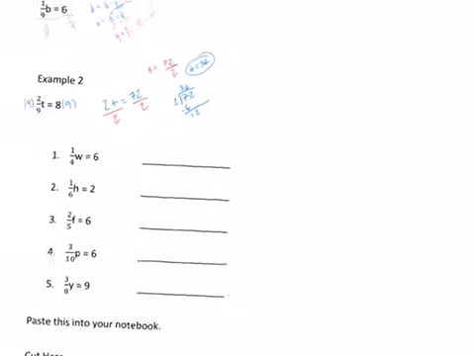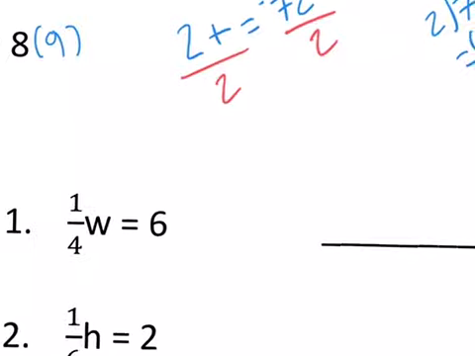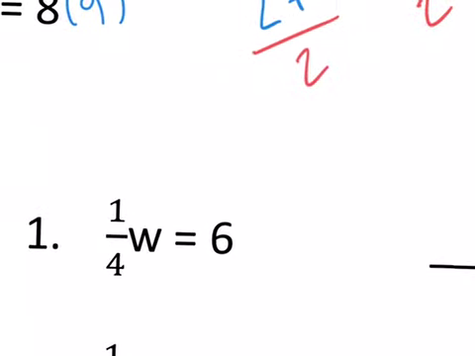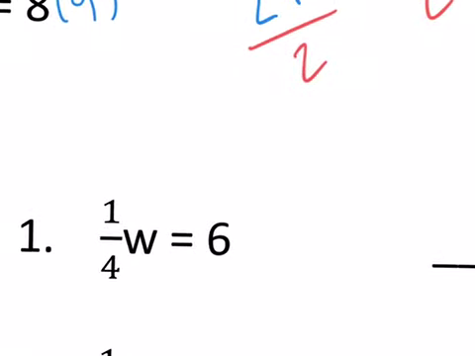All right, so let's take a look at number 1. I'm going to do it a couple different ways. So I'm going to multiply both sides by the denominator here.